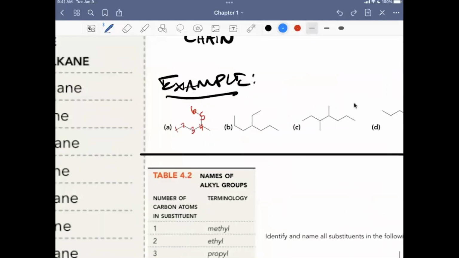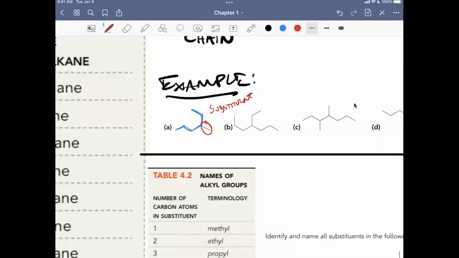And then if you have this chain of carbons, let's say I'll highlight it like that. Whatever is not in that parent chain, you see there's this one group of carbon, that CH3 group, we call that a methyl group. That is called a substituent.